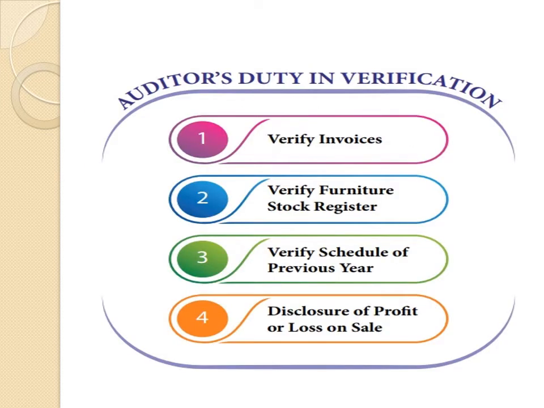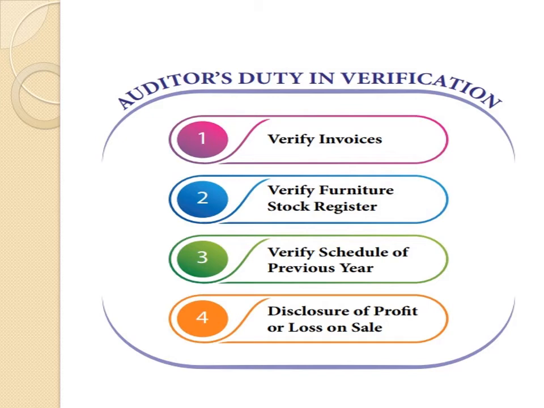These are the points that should be taken into consideration by the auditor at the time of verification of furniture, fixtures and fittings. After discussion of two items here, that is verification of plant and machinery and verification of furniture, fixtures and fittings, certain common points are there.